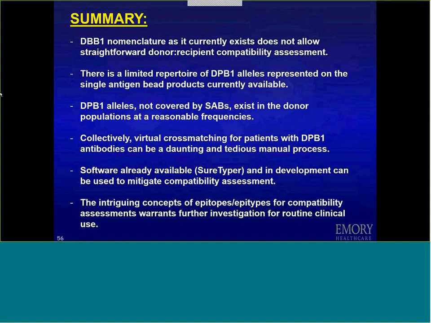And where Bob and I are particularly intrigued are with the concepts of applying epitopes and epitypes for compatibility assessment throughout the entire histocompatibility community. Now, this is going to warrant further investigation for routine clinical use. We're going to have to prove that it's true. But there are lots of different ways that this can be done, and we recommend that people start trying to apply this themselves. And just think about it.